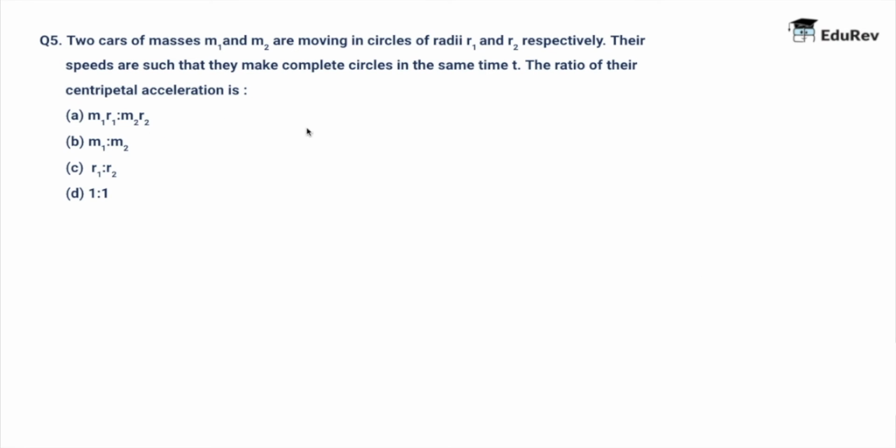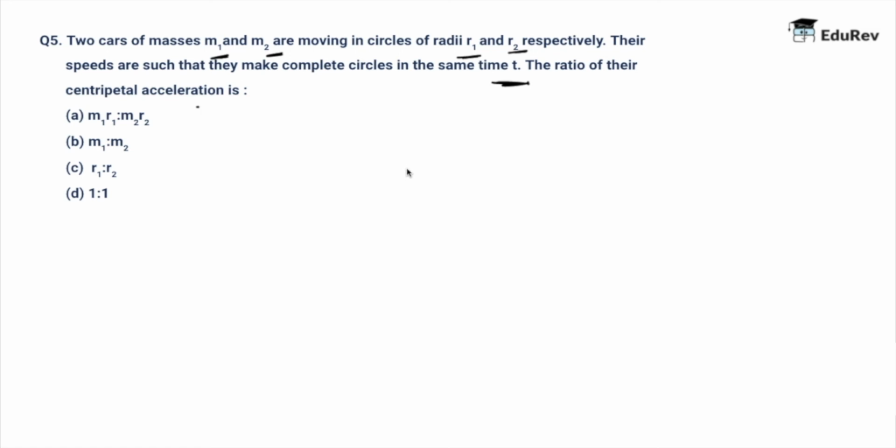So the last question states that two cars of masses m1 and m2 are moving in circles of radii r1 and r2 respectively, and their speeds are such that they make complete circles in time t. The ratio of their centripetal acceleration is going to be what? So now since both make complete circles in same time t, so angular velocity is also same for both the masses, right?